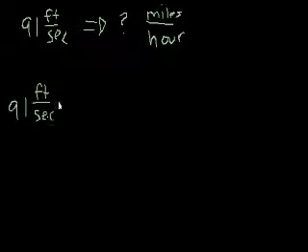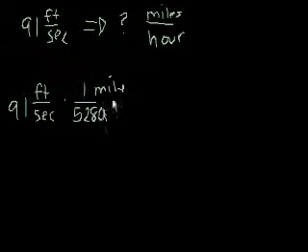So if we want to say how many miles that is, should we be dividing or should we be multiplying? Well, we should be dividing because it's going to be a smaller number of miles. And we know that 1 mile is equal to, and you might want to just memorize this, 5,280 feet. It's actually a pretty useful number to know. And then that will actually cancel out the feet.